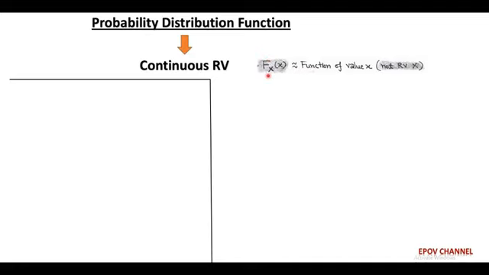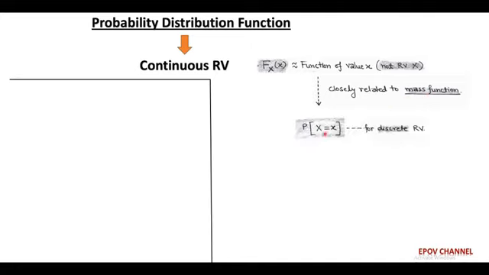Now, this probability distribution function is very closely related to the probability mass function, which is represented by p of X equals small x. Here the mass function is a representation of a discrete random variable. So the relation between the function of a continuous random variable and a discrete random variable is called the cumulative distribution function, or CDF.